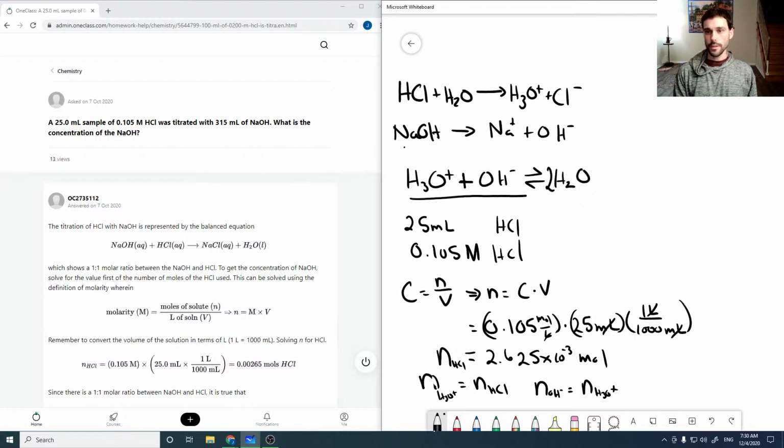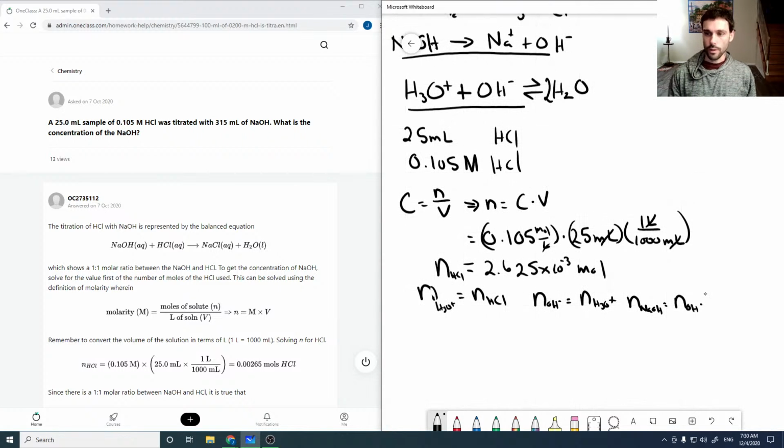And then from this balanced equation, as everything's a 1-to-1 ratio, our moles of NaOH is equal to our moles of OH-. And so if we put these all together, our moles of NaOH is equal to our moles of HCl, which is equal to this 2.625 times 10 to the minus 3 moles.